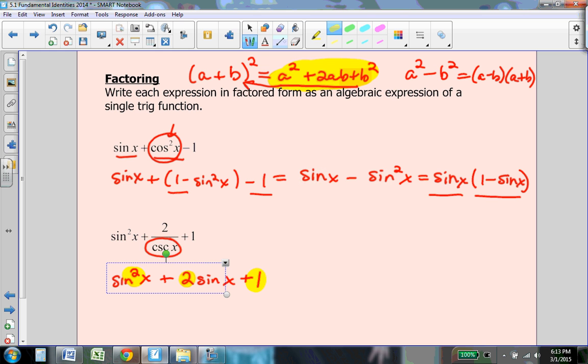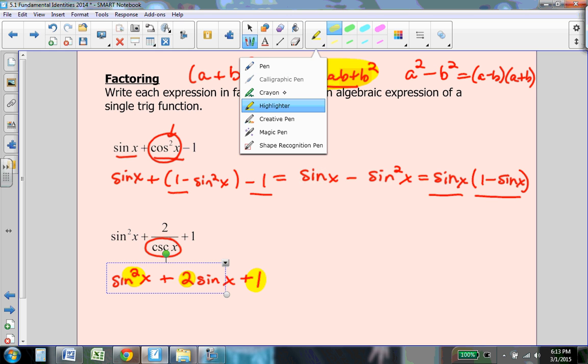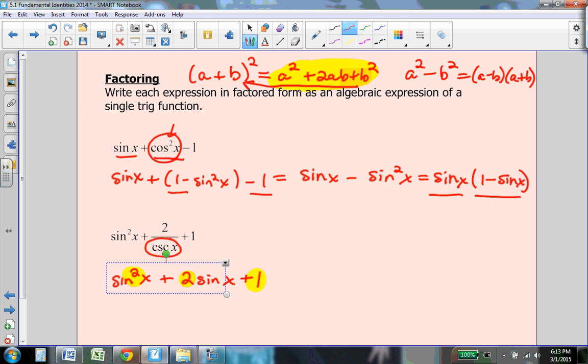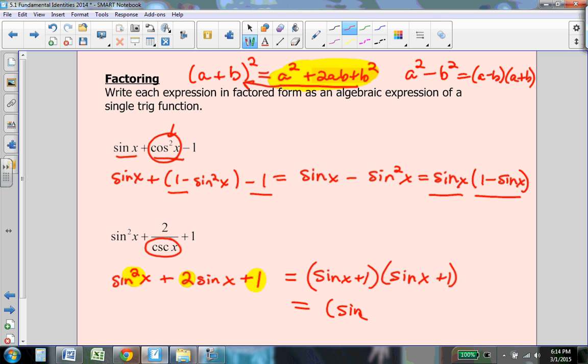So this will factor into something really nice, like you see at the top of the screen. This is simply the sine of x plus 1 times the sine of x plus 1, or you can write it as the sine of x plus 1 quantity squared. And again, it's factored, something times itself.